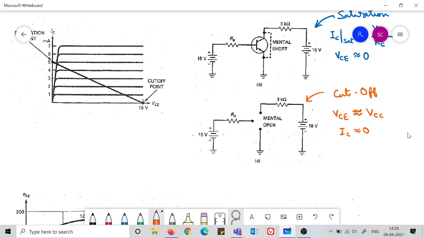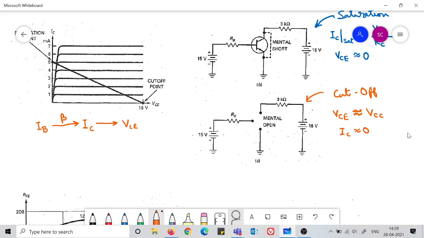We first set up an IB, correct? This IB gives rise to an IC by the amplification beta. From this IC we can get a VCE. This is the order. Now as you change the IB, this is the input change happening.